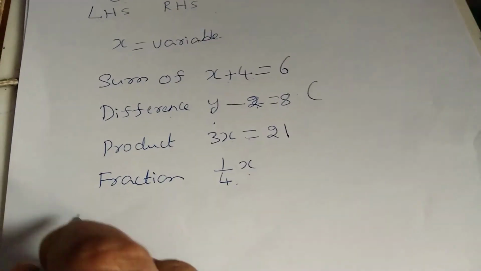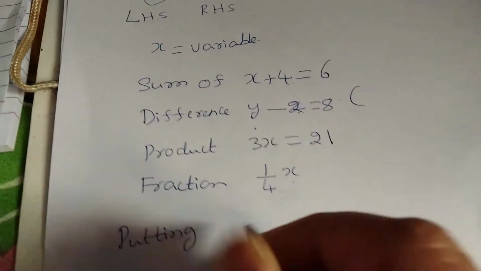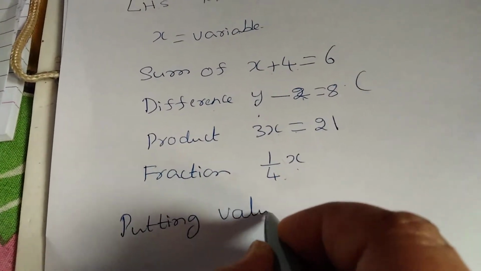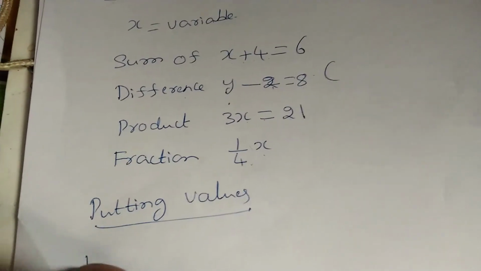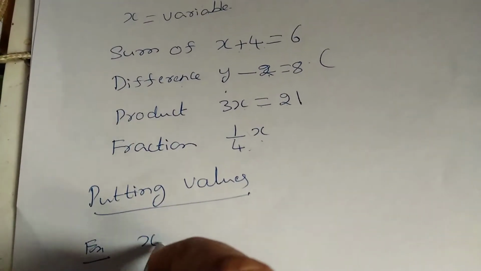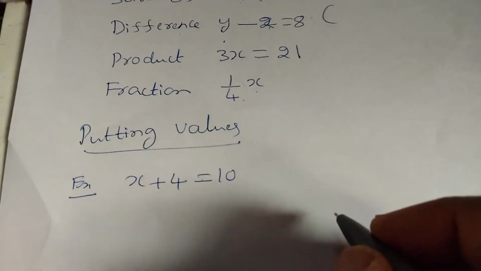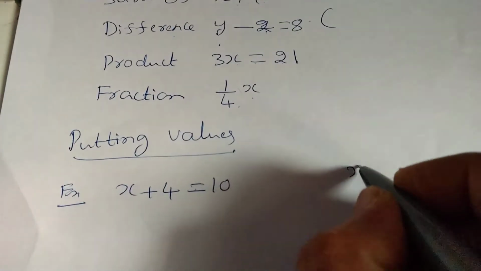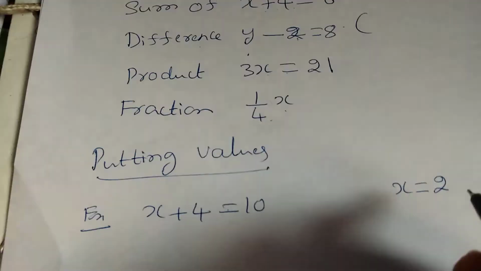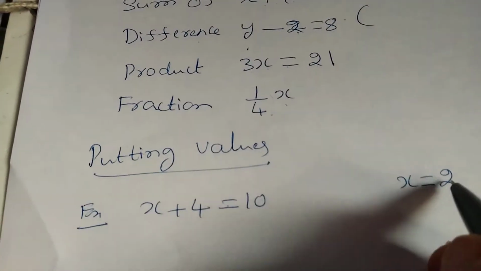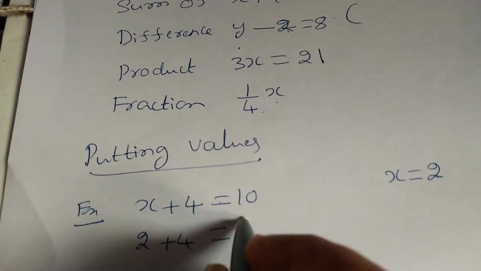Next comes putting values. How can we put values for these variables? Example: x plus 4 is equal to 10. Now I put values starting from 1. If I take the value 2 for x, 2 is in the place of x. 2 plus 4 becomes 6.